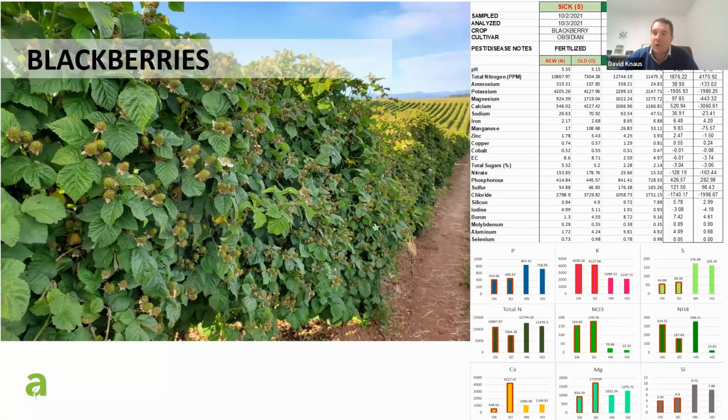Looking at blackberries, fertilized versus unfertilized, this illustrates a really good example of phosphorus levels. You've got your fertilized phosphorus levels hovering around 500 versus your unfertilized blackberries at significantly more. Great example of plants thriving on low levels of nutrients delivered by microbes.